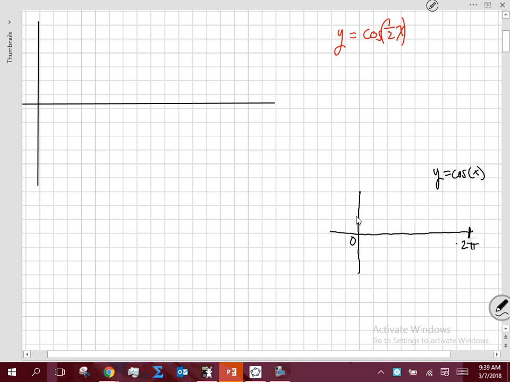So the first x value with a distance of 0 radians would be an x value of 1, wouldn't it? But because it's still a unit circle, it's still cyclical, so it's going to start at 1, go around and change, but it's going to get back to 1 eventually, right? So at 2 pi, we're back up at a height of 1.